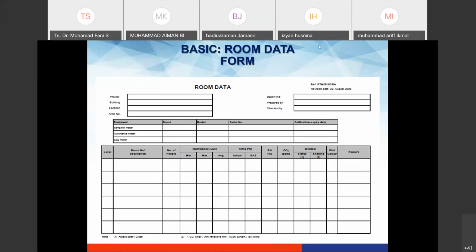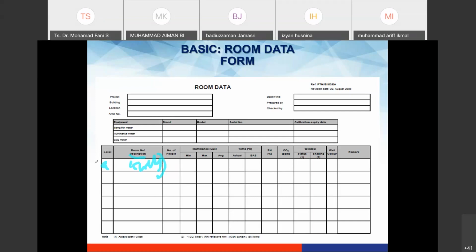For example, the level for a building that has multiple levels. So level G, ground. Room number 1. Room description for room number 1 is lobby.